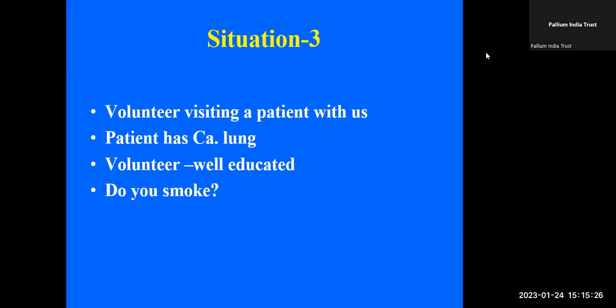Okay. Suppose this volunteer asked this question. What could be the after effect? The patient will feel like he has done some big mistake. Yeah, that's it. So the volunteer is making the patient uncomfortable and making the patient guilty, isn't it?